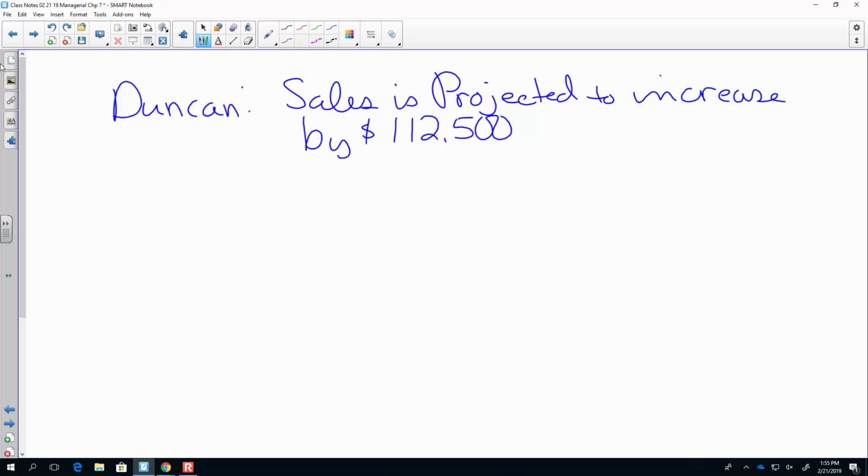So write this question down. Sales is projected to increase by 112,500 from the current sales of 375. So that number is from the book. 375 is from the book.